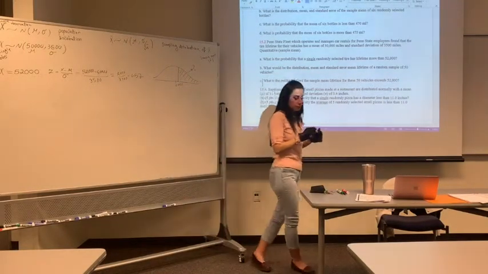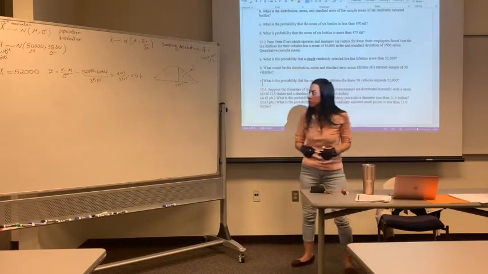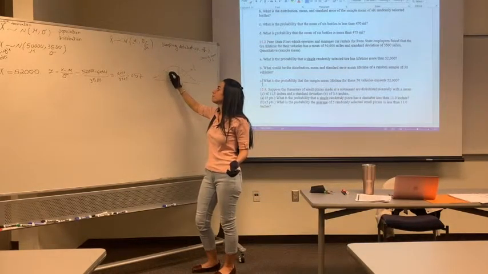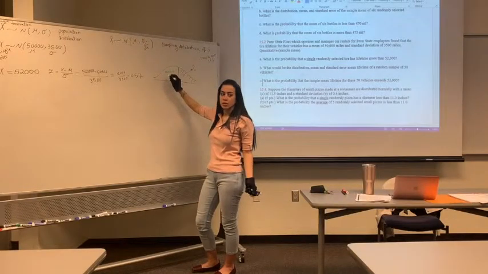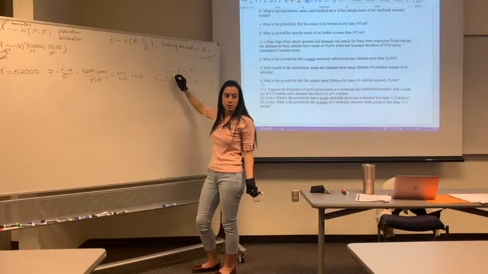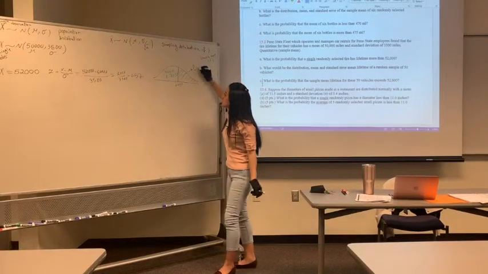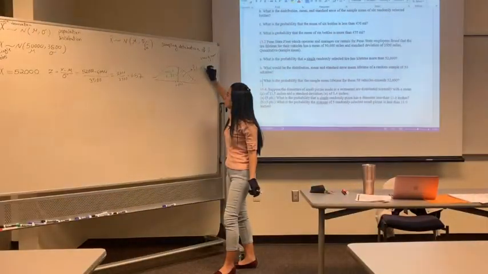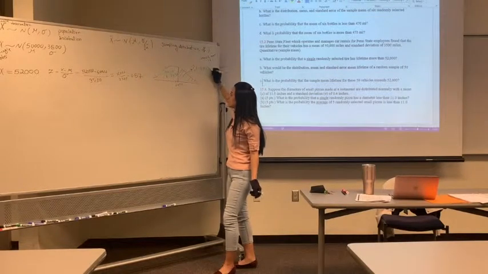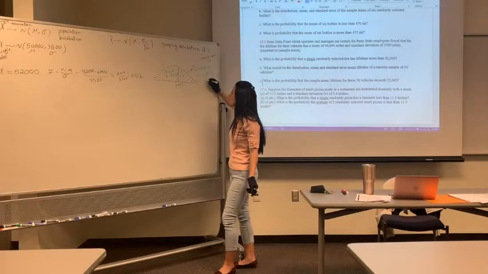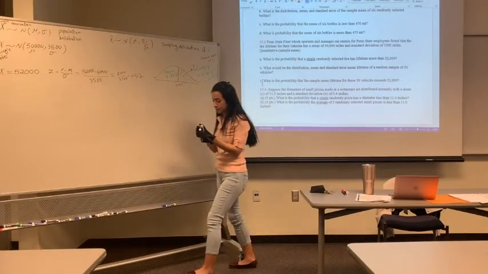So we need this area, correct? So what is this area from the table? 0.7157. Then this will be 1 minus 0.7157. Am I right? So what is that? 0.2843, which is 28.43%.